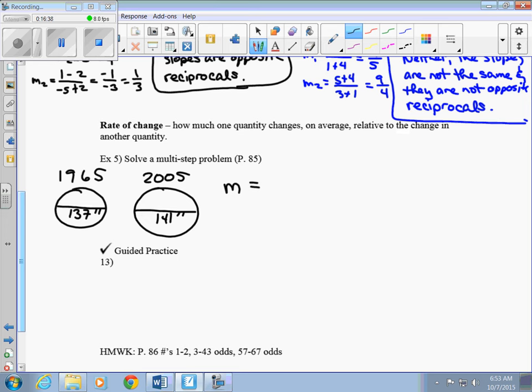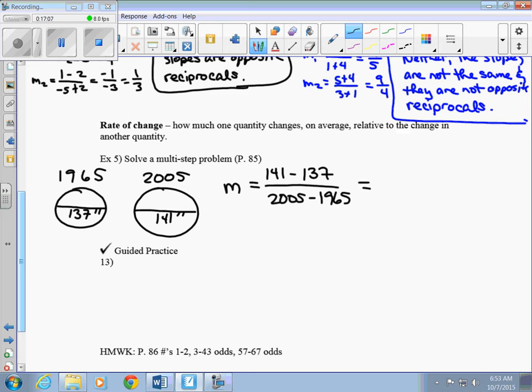So we started at 137, or ended at 141 inches. And so we're going to take that minus the 137 where we started, because we know that the rate of change is how much did it change over the time period. And so this is 2005, went back to 1965.